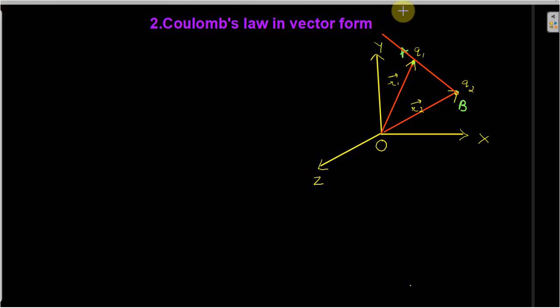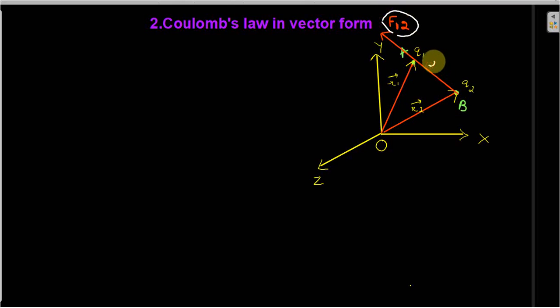So we will write the force on the q1 charge, the first particle. This is your first particle, so we write first the force on the first particle due to the second charged particle. And what will be the position vector of this? So we will also write the position vector when the force is acting on the first particle due to the second particle.